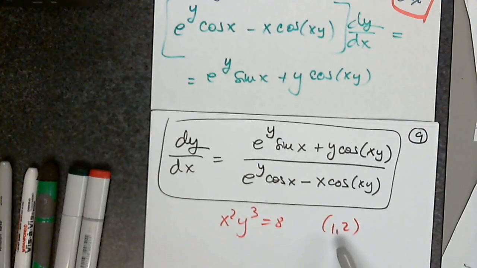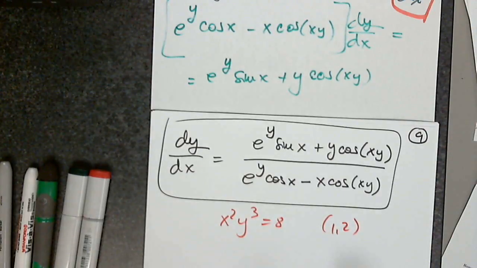So now the question is, is this point on this curve? How do I know whether this point is on this curve? You can say, well, it's given to me. I'm told to find the slope of the tangent line to the curve at that point. True, but how do I know that this point is on the curve?